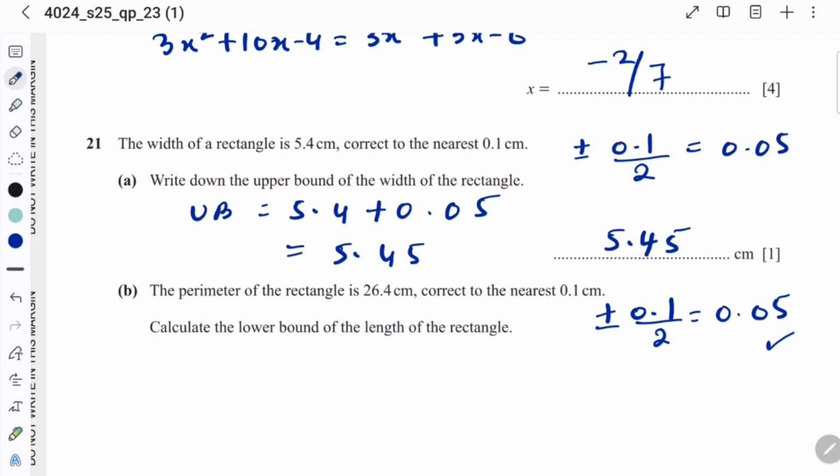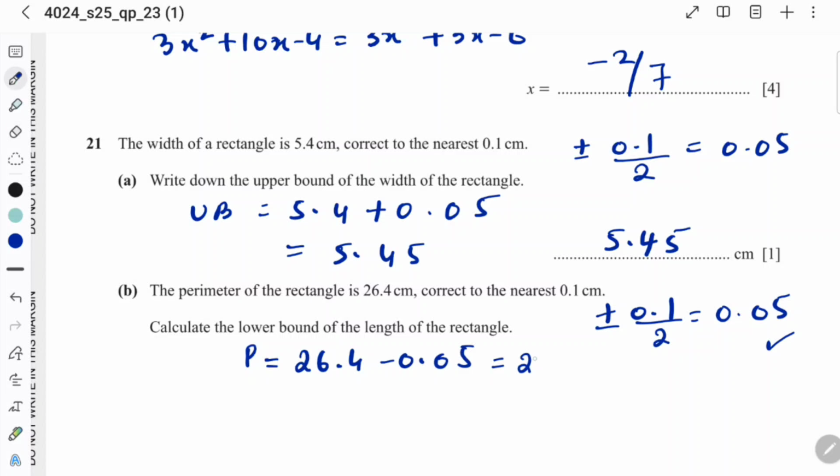Okay, the perimeter is given, 26.4, and the lower bound of the perimeter is required, so it means this is smaller. So the perimeter will be equals to 26.4 minus 0.05, that is becoming 26.35.